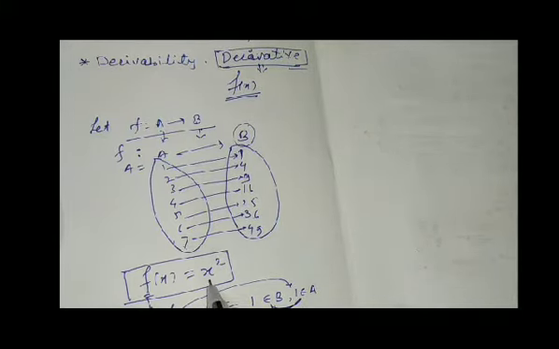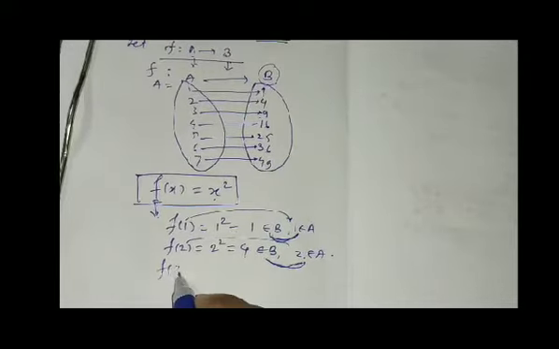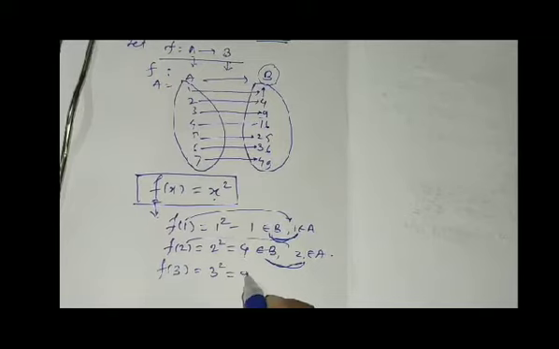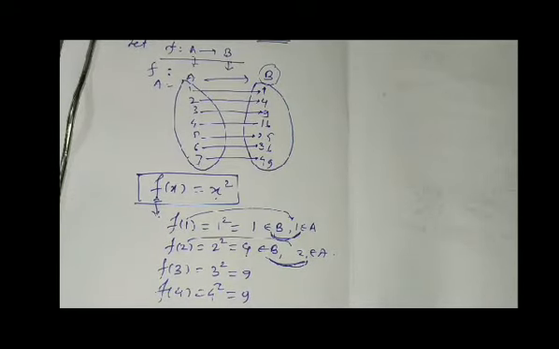The relation is the square. In this way we can compute all these. 3 square is 9, then f of 4 is 4 square. So what is the function?